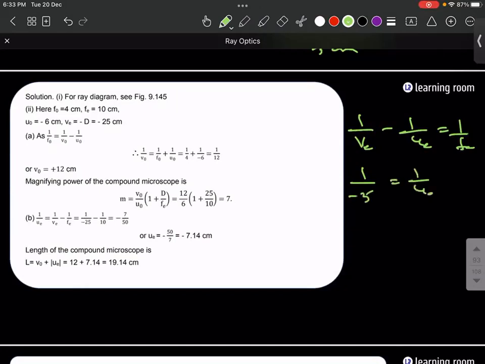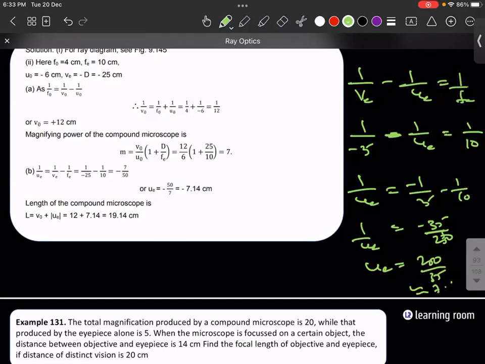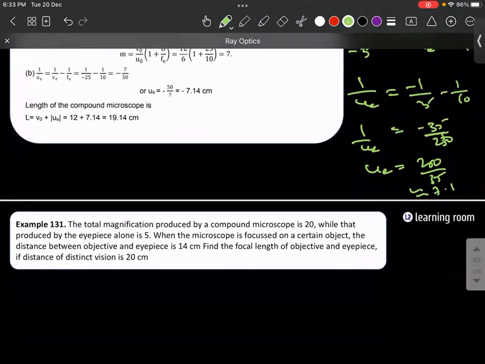So minus 1 by UE is equal to 1 by FE, which is 1 by 10. So 1 by UE is equal to minus 1 by 25 minus 1 by 10, or it is minus 35 divided by 250. This is 1 by UE. So UE will be equal to 250 divided by 35, which will be approximately 7.1 centimeter.